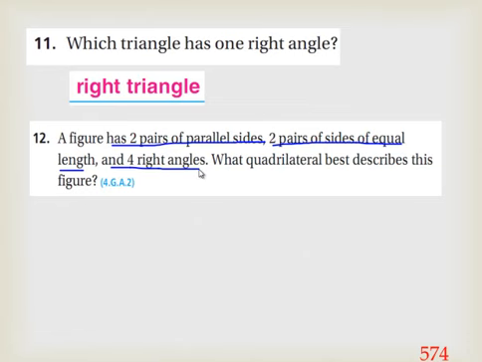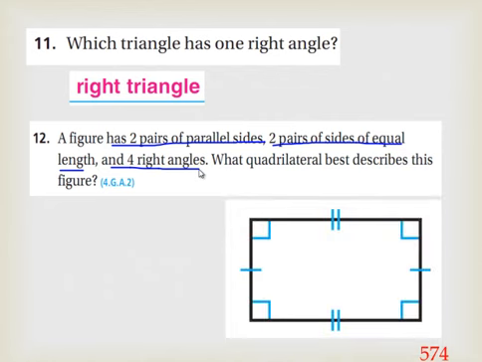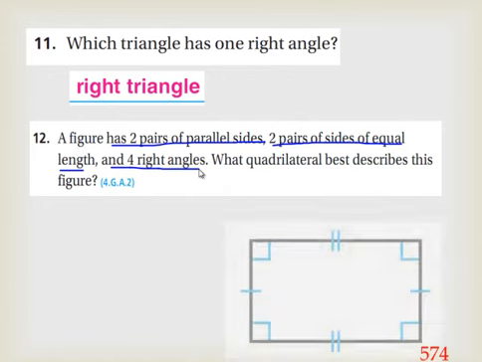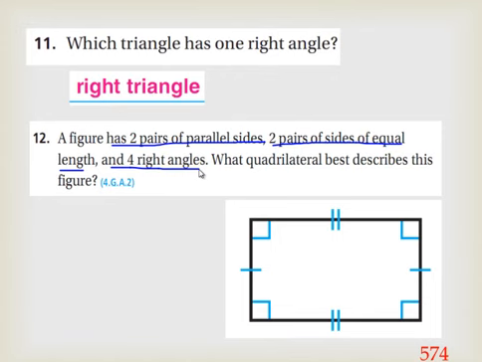What quadrilateral best describes this figure? Did you get it? Great! Do you remember that? Yes, it's a rectangle.